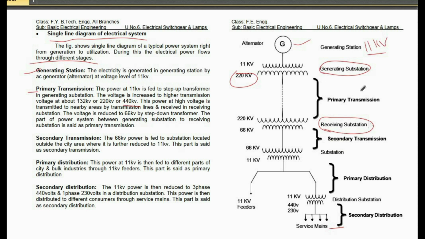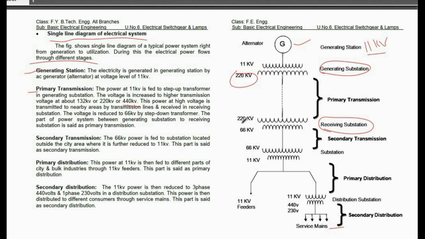In the primary transmission system, the generated voltage is fed to the step up transformer, and that voltage is stepped up to 132, 220 or 440 kV, and that voltage is transmitted up to the receiving substation.